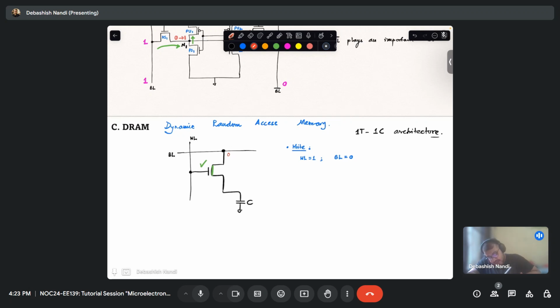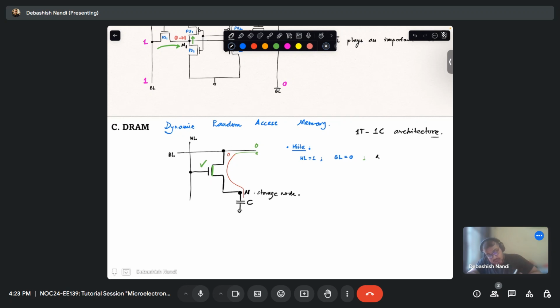Now if your bit line is equal to 0, whatever is stored in the capacitance will go directly to ground. So that means, by the way, this is the N or storage node.